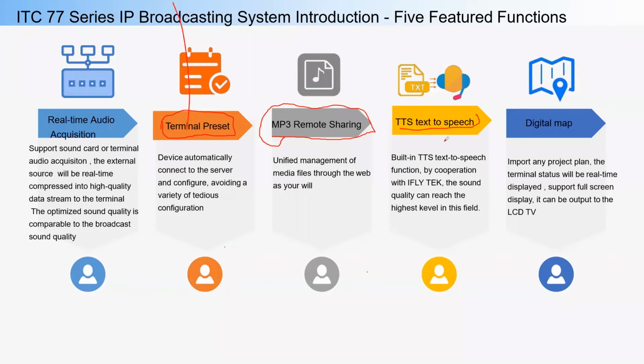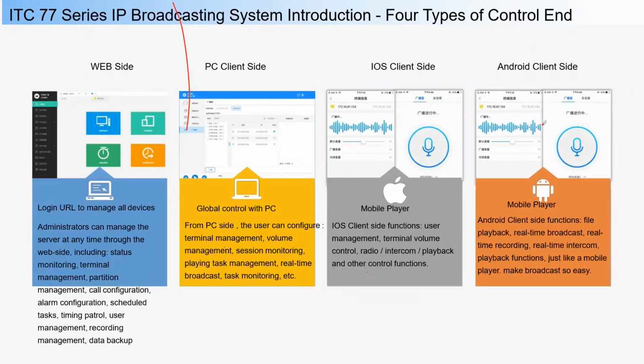In this system, we have a built-in TTS function, which means you can upload a TXT file and it will be transformed into audio directly, which is very convenient when you need to make an easy broadcast. And last, we have a digital map function. About this function, I will introduce it later in the demo software. And for this system, we have four platforms of control system.